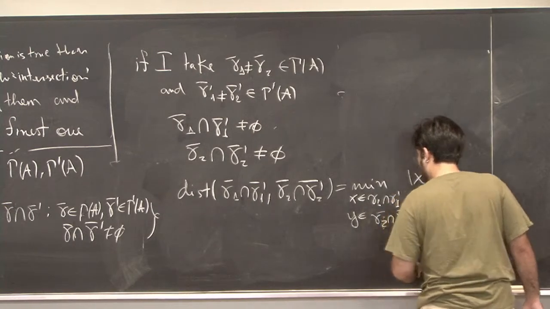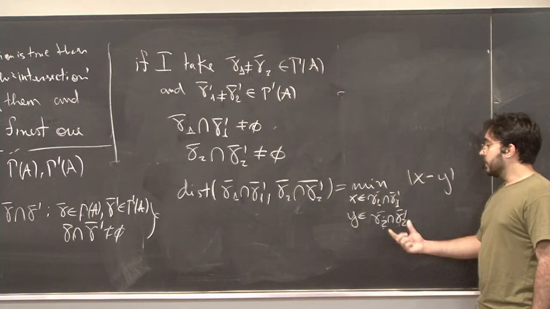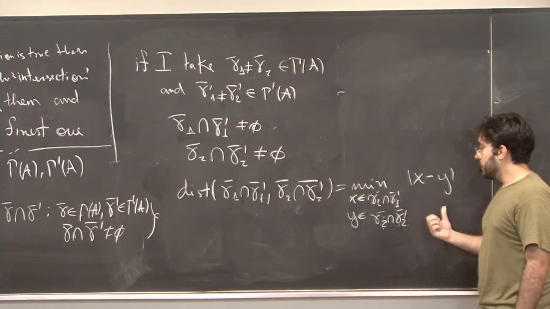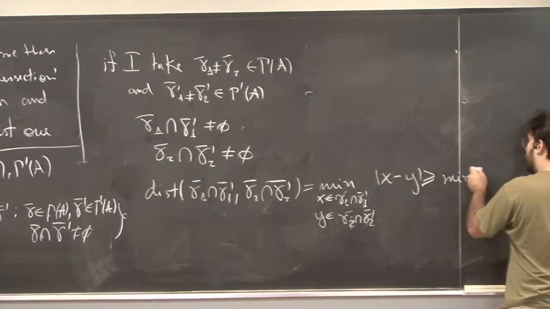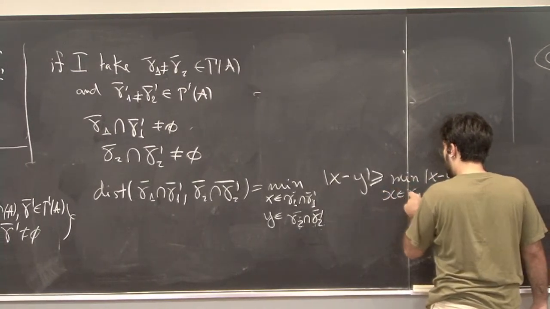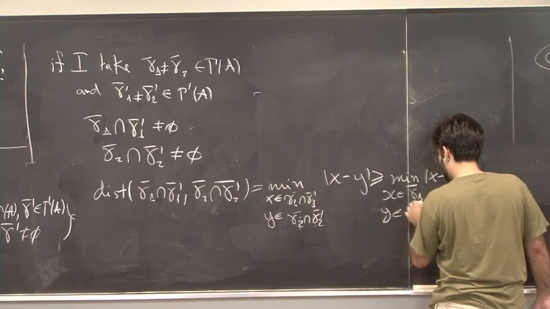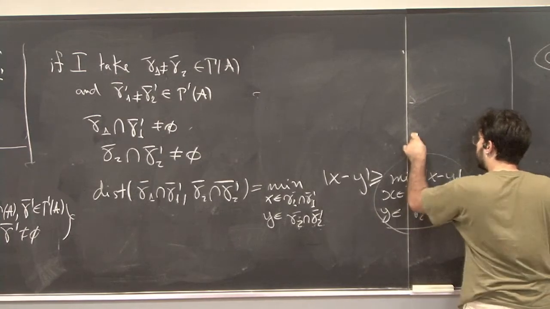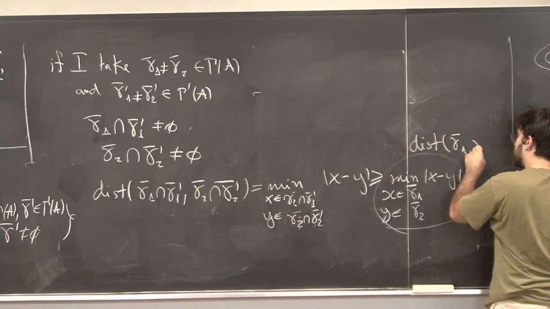Since I'm taking the minimum, if I enlarge the sets, the minimum can only decrease. So this will be larger than, for instance, the minimum of the distance x minus y, with x inside gamma 1 and y inside gamma 2. We can choose something like this. And what is this? This is exactly the distance between gamma 1 and gamma 2.